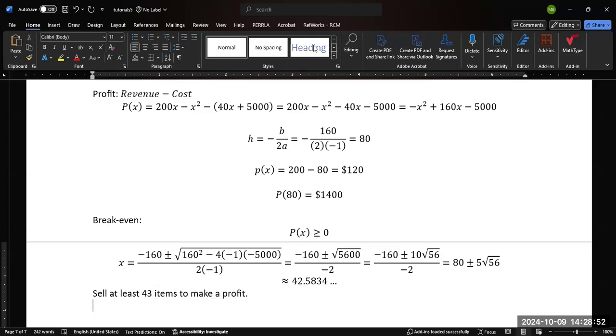Again, because I have to have a whole number of items sold, and if I round down, I will always fall short of that break-even point. I will not quite make enough revenue to cover my costs. So I round up to the next whole value, and then that will guarantee that I will make a small, but nonetheless non-zero profit.